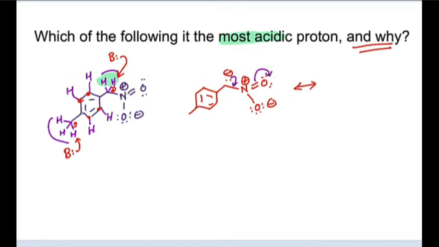If we push the electrons through the nitro group, we end up with something like that as a resonance form.